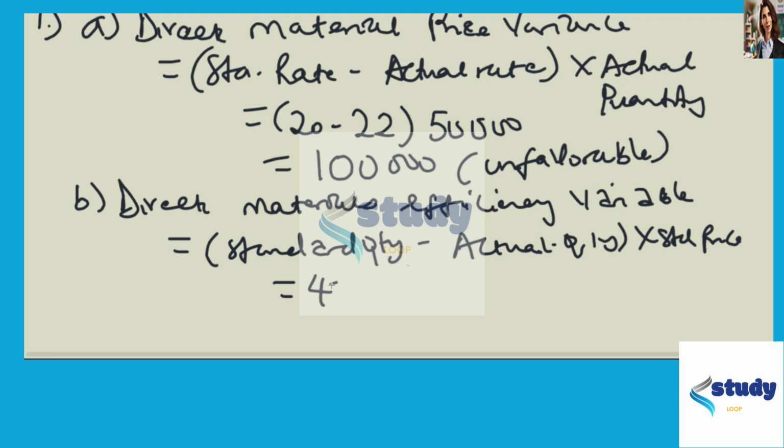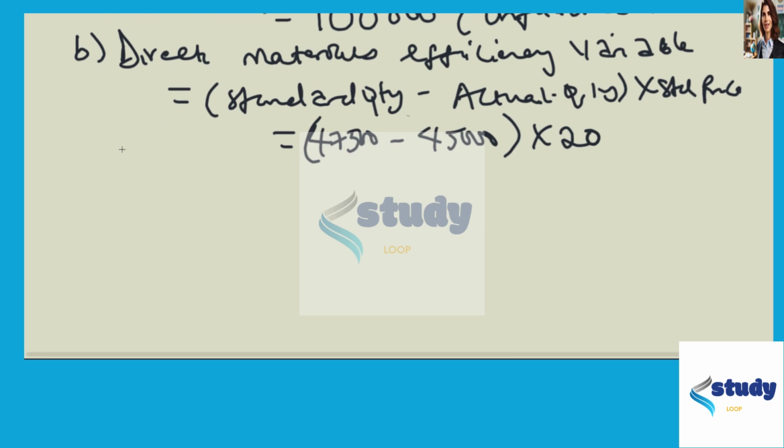This is equal to 47,500 from the question minus 45,000, multiplied by 20. So the direct material efficiency variance is equal to 50,000, and this is favorable. It's positive.